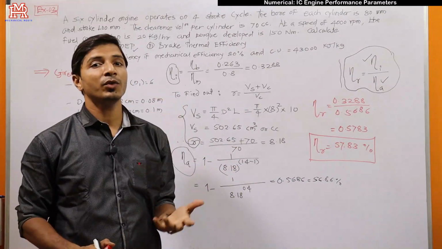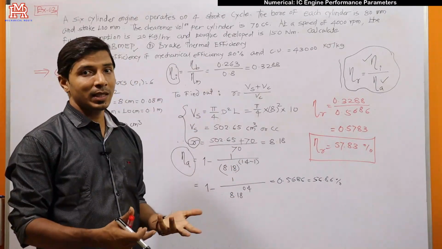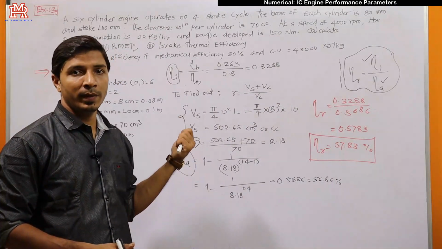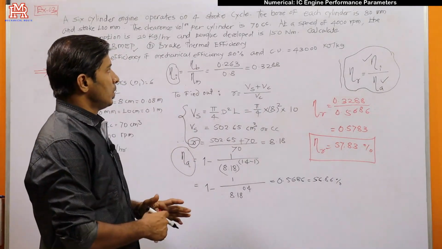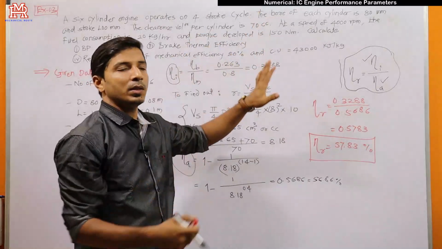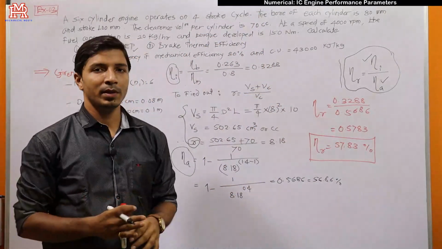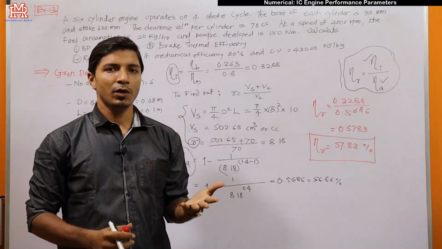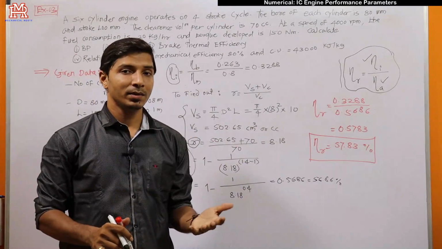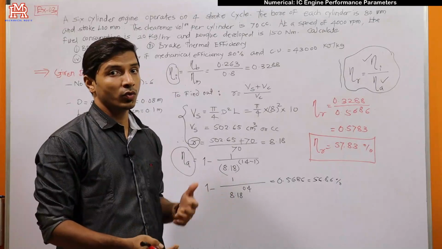Those formulas you might have to use in your exam when these types of numericals are asked. So we'll stop here. This was about getting the simple performance parameters. Probably in the next lecture we'll be discussing heat balance, or solving the numericals based on heat balance.